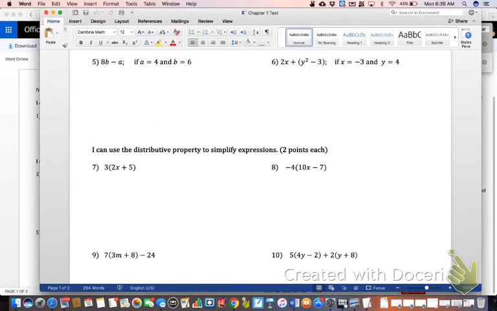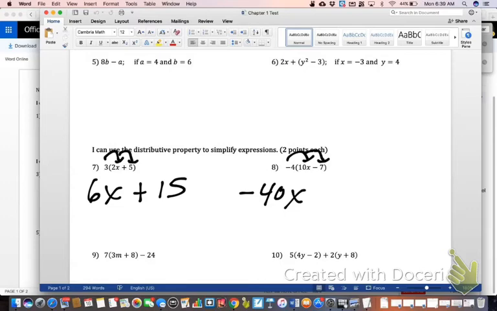For number 7, I have distributive property that I need to do. So I'm going to distribute that 3. 3 times 2x is 6x, and then 3 times 5 is 15. For number 8, pay attention to the fact that you've got negatives. Negative 4 times 10x is negative 40x. Negative 4 times negative 7 is going to give me plus 28.